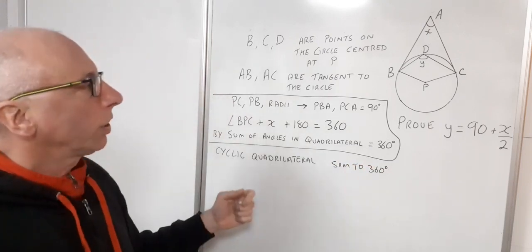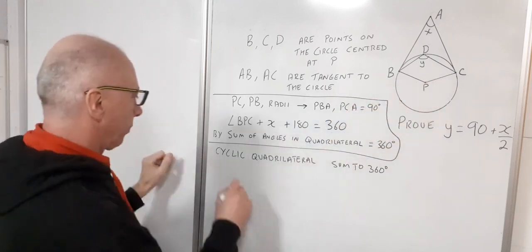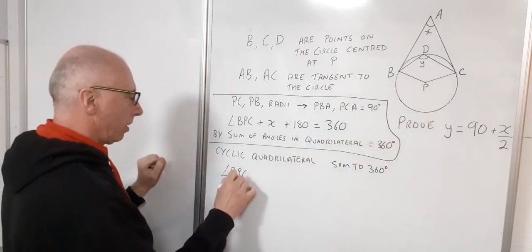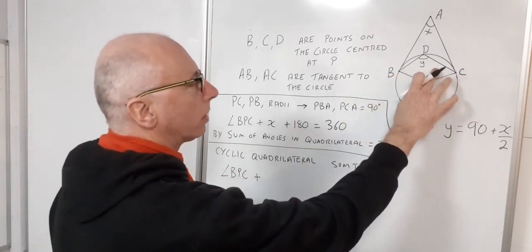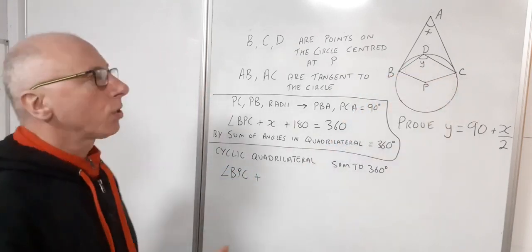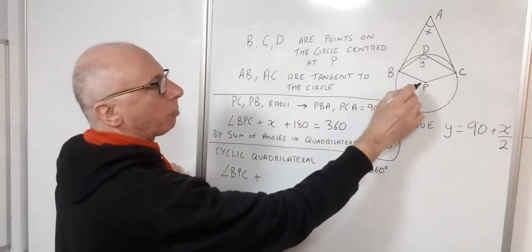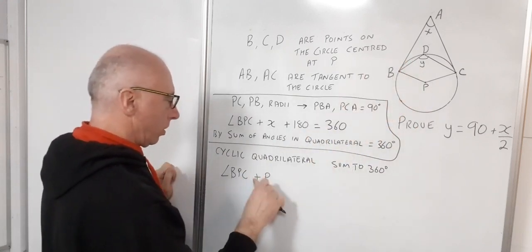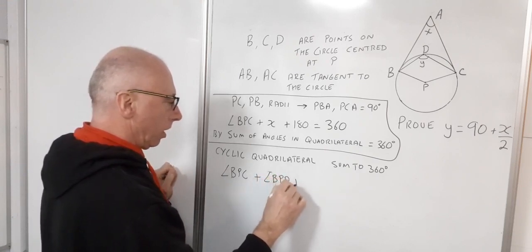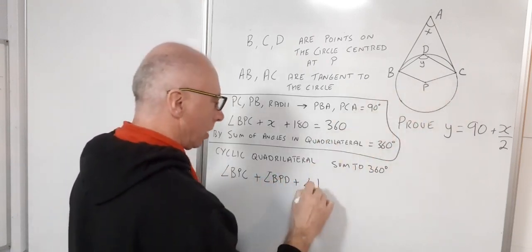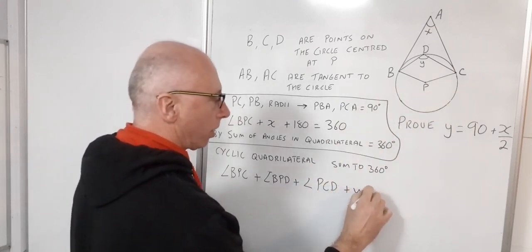Now with the angles that we've got and the information so far, I know that my angle BPC plus this angle and this angle Y will also sum to 360. So plus angle BPD plus angle PCD. So that angle there plus Y, that also equals 360.